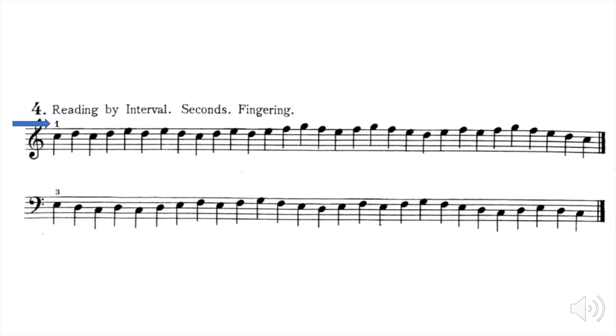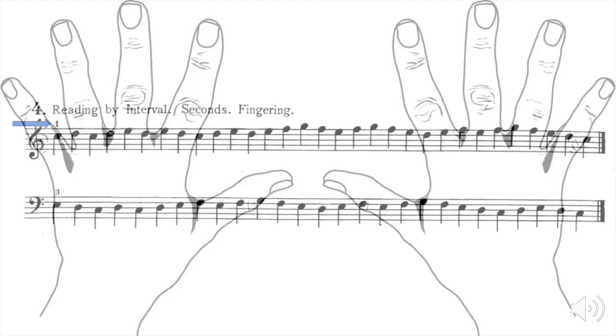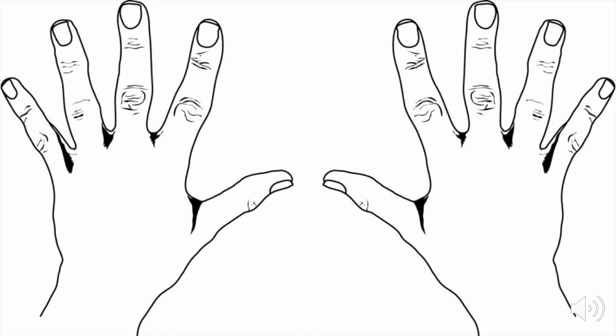So I think we talked about this way back at the beginning of preliminary lessons, but just as a reminder, here is a picture of 2 hands, and our thumbs are number 1s. Then our next fingers, or our pointer fingers, are number 2. The next ones are number 3.